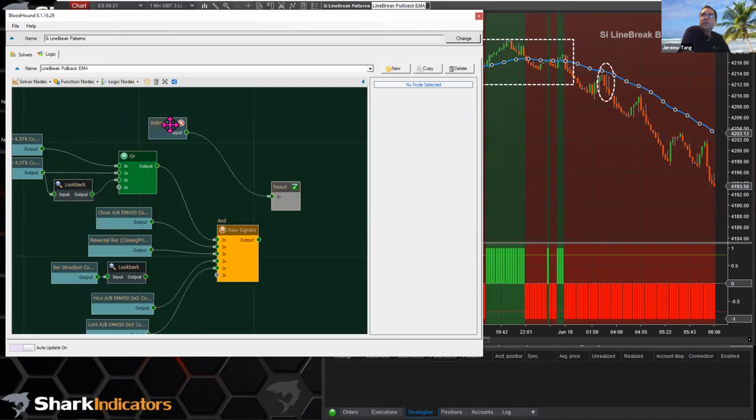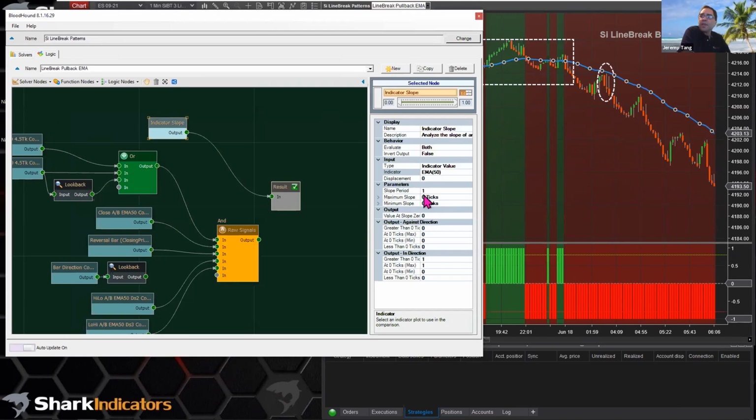And one of the other things that we can do with this is we can check the slope. We can add minimum slope requirements, right? Or a maximum slope requirement. So I'm going to put in there a half a tick.